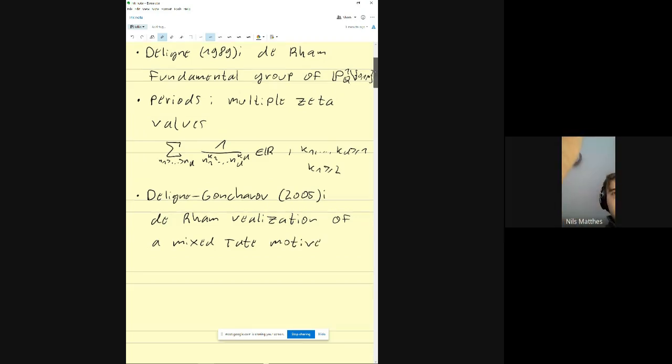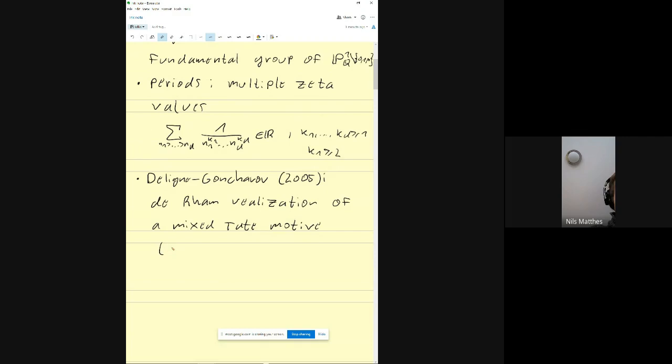And here by mixed Tate motive, I mean in the sense of Voevodsky. The point here is that when Deligne wrote his paper in 1989, there was no good category of motives available at that time. But then subsequently, there was the very influential and very important work of Voevodsky, which allowed Deligne and Goncharov to lift the construction of the motivic fundamental group to the category of mixed Tate motives.